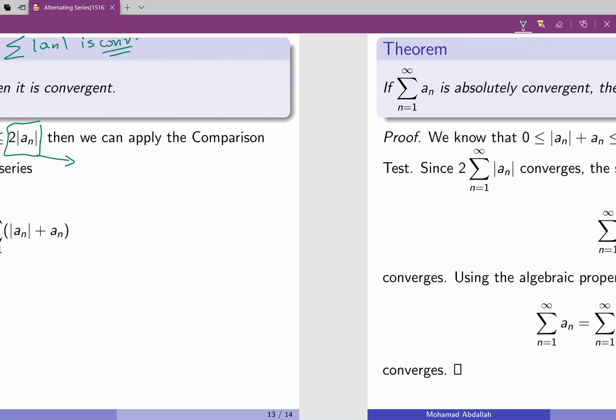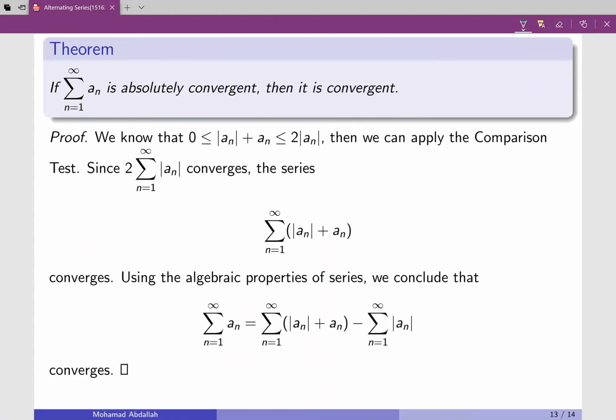Okay. Now, if this is convergent, then I can split the sum, or I can make it in this form. I can use the fact that an can be written as the absolute value of an plus an, which is positive, minus the absolute value of an. So take the summation over all these.